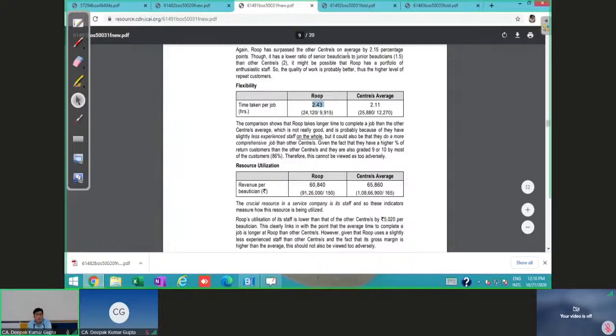It means in Roop we are taking higher time. Maybe this is due to inexperienced staff, or maybe because Roop is doing a very comprehensive or extensive job. That's why this figure is higher.